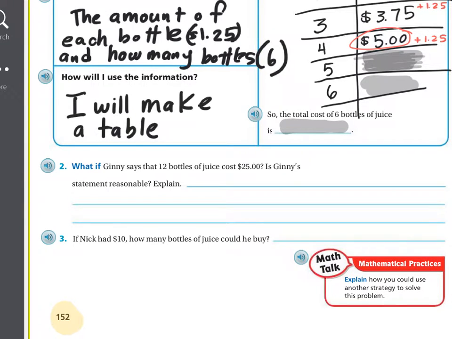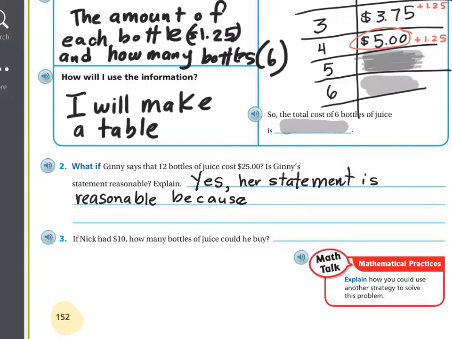You would say something like, yes, her statement is reasonable because... Or you would write, no, her statement is not reasonable.